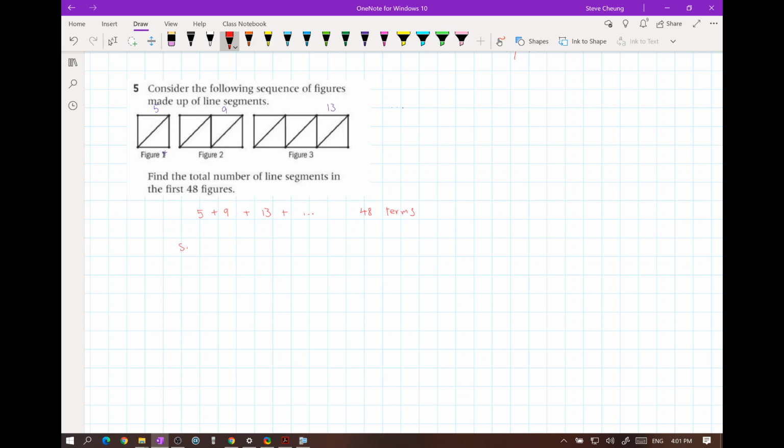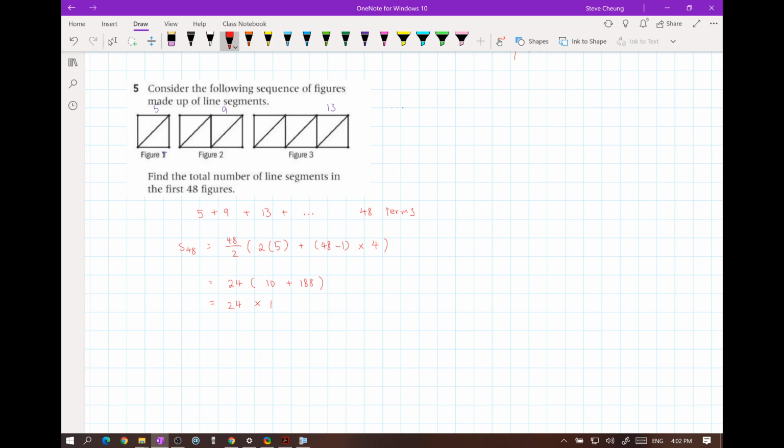So we just use the arithmetic series formula, n over 2 times 2 U1 plus n minus 1 times d, because we're adding 4 more sticks every figure. And again, I'm too lazy to take my calculator, so please don't trust me. 47 times 4 is 188.